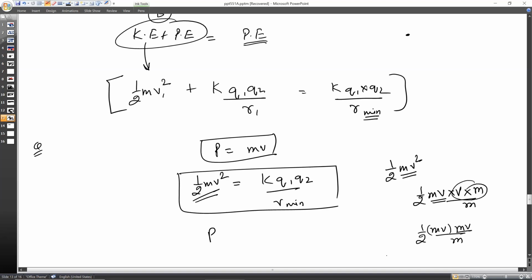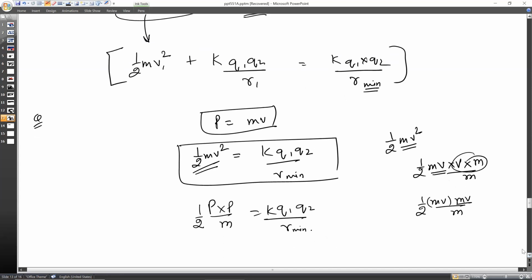The same formula for kinetic energy in terms of momentum can be written like this: half into mv into another mv upon m is equal to k q1 q2 upon r minimum. This is the closest approach.